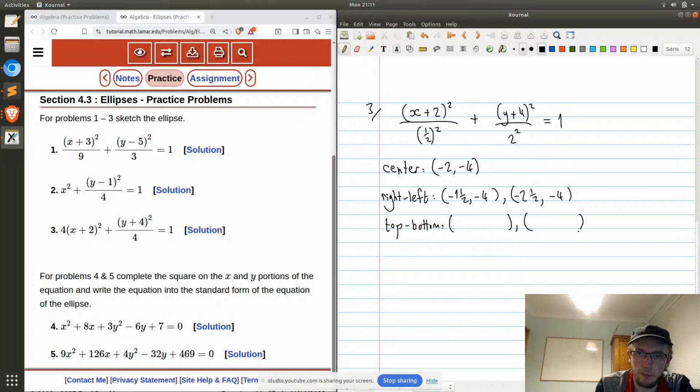Okay, let's think. Top and bottom will have the same x coordinates as the center. So -2, comma, and then -2, comma, there. But what's the variance? -4, -2, or -4, +2? There. Now to sketch.